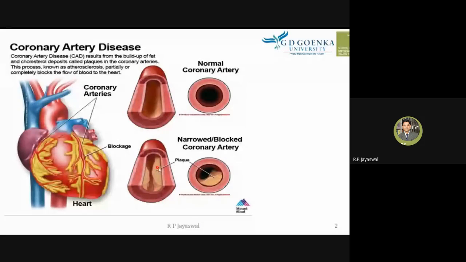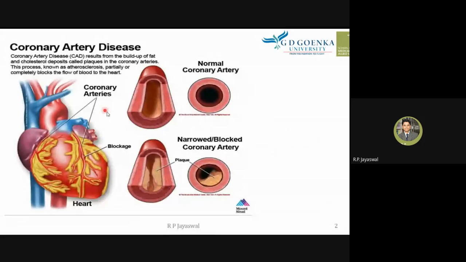What I want to say is that the plaque formation takes place through a process, and that process is called the atherosclerosis process, right? So atherosclerosis is a process through which plaque formation takes place inside the wall of any artery.